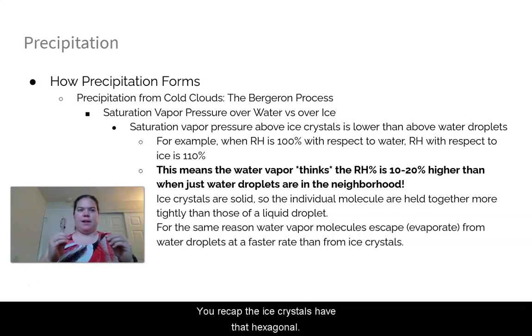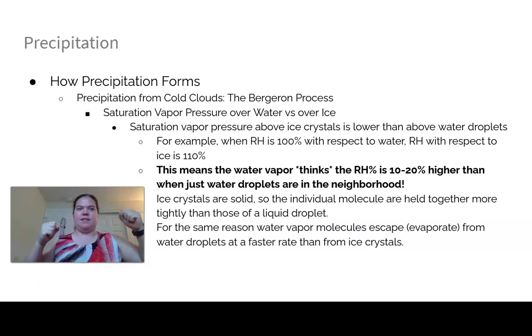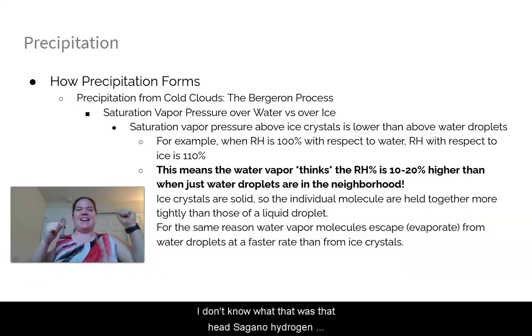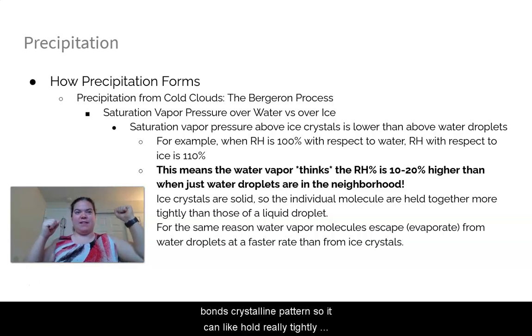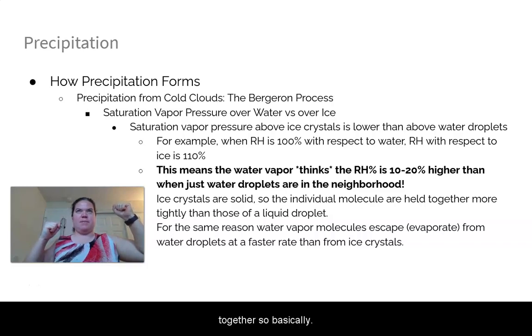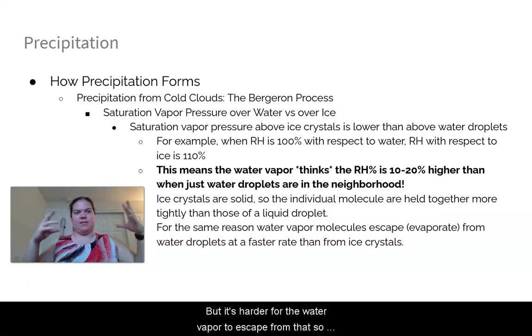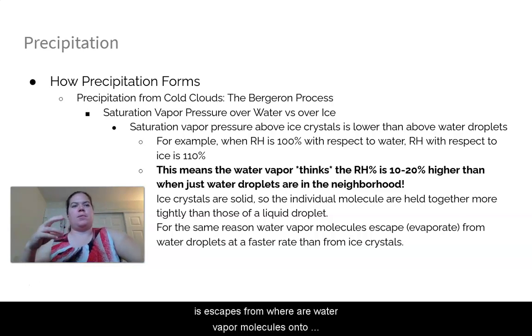So to recap, the ice crystals have that hexagonal hydrogen bond crystalline pattern, so it can hold really tightly together. So basically it's harder for the water vapor to escape from that. So it escapes from the water droplets onto the ice crystals.